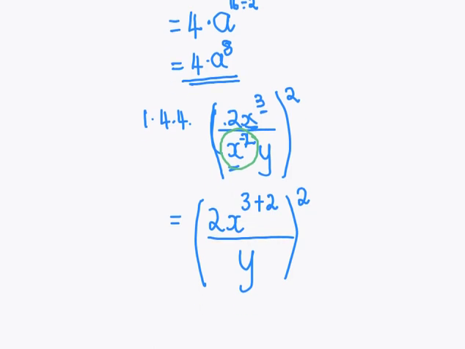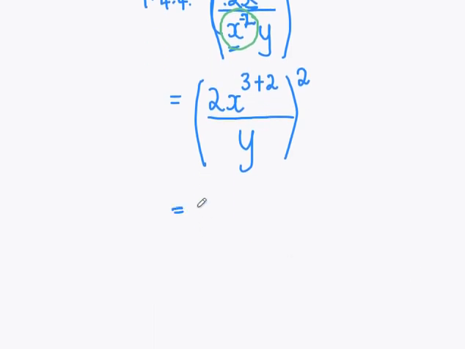So now let's operate that. We first simplify the brackets. 2x to the power 3 plus 2 is 5, over y squared. Now let's distribute the exponent. So how do we do that? We take the 2 times the 1, 2 times the 5.